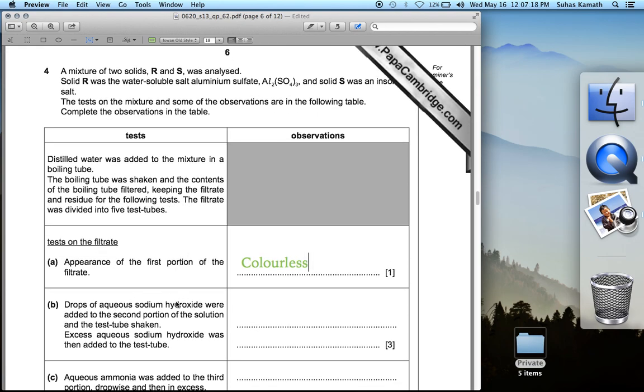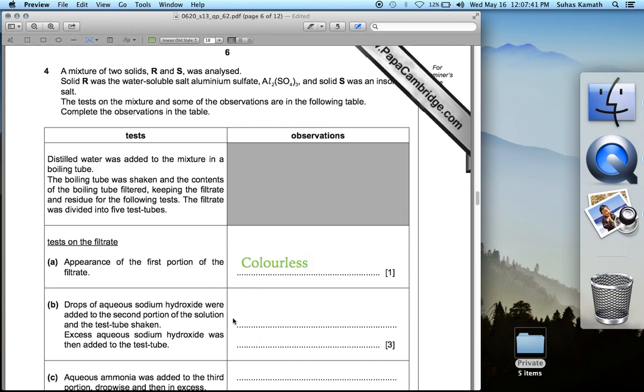Drops of aqueous sodium hydroxide were added to the second portion of the solution and the test tube shaken. Excess sodium hydroxide was then added to the test tube. So, when aluminium is present and sodium hydroxide is added, a white precipitate will form. It will dissolve on adding excess sodium hydroxide.